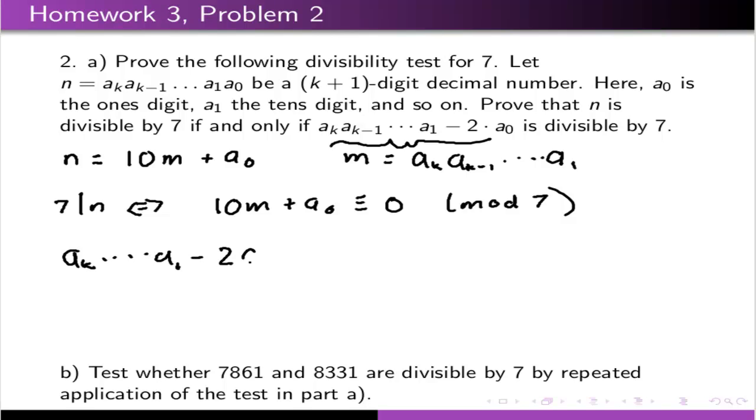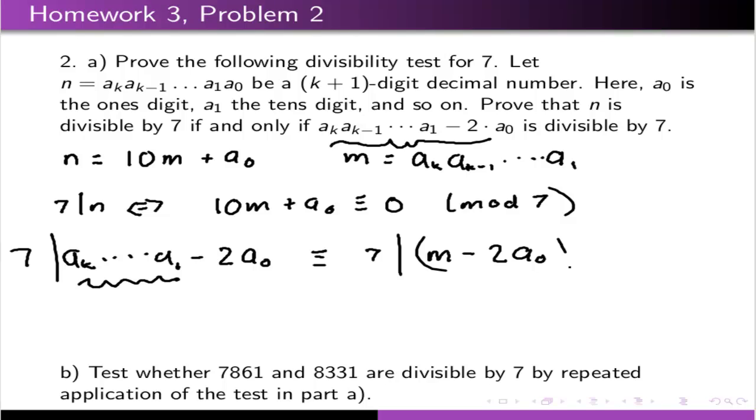What is this? This is the number m. So 7 divides m minus 2a_0. Turn that into a congruence and show some connection between these two.